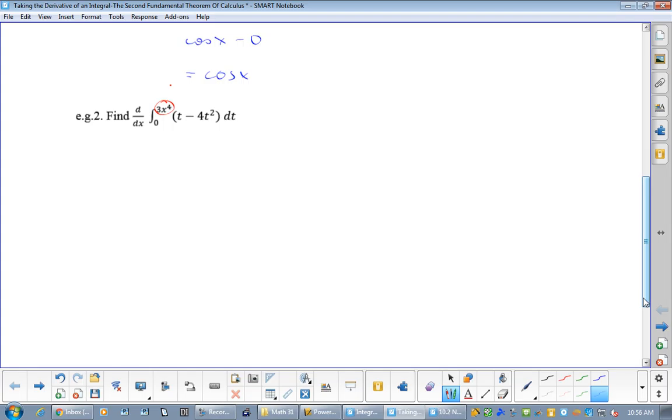So we've got d over dx. The integral would be 1/2 t squared minus 4/3 t cubed from 0 to 3x to the 4th.